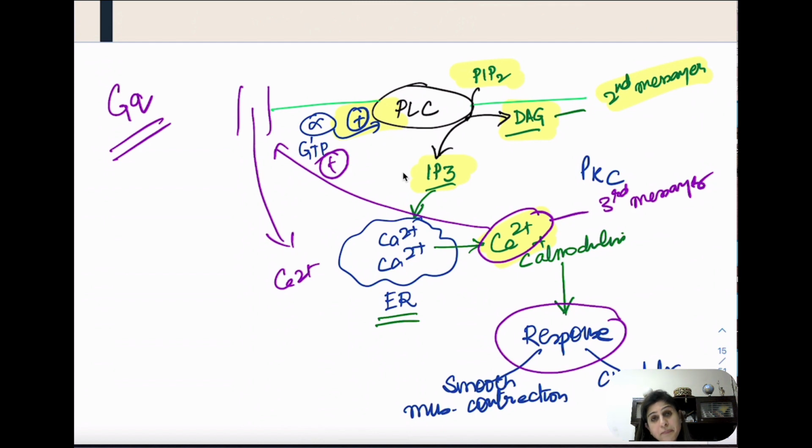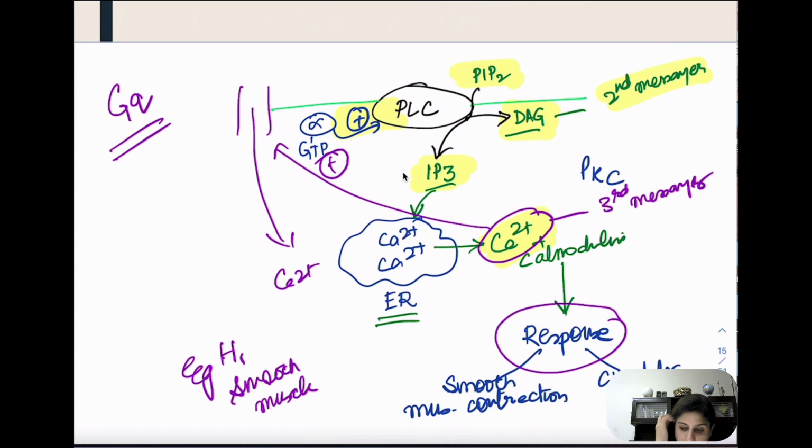Now this calcium that comes out is also called the third messenger, and it is going to combine with calmodulin. This causes the further response, whether it is contraction of smooth muscles or glandular secretion. An example would be the H1 receptors in smooth muscles, causing smooth muscle contraction. If these histaminic receptors are in glands, it causes glandular secretion.